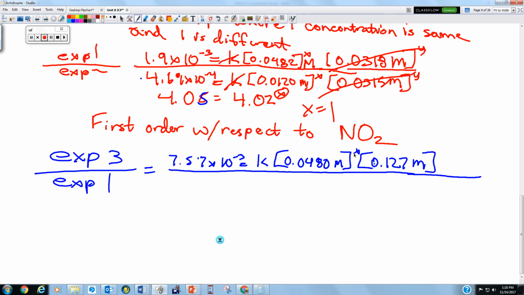And that's to the X, that's to the Y. Now, technically, instead of putting X there, I can put 1 instead, because we know that's 1 already. That's just really up to you. And then on the bottom, it is 1.90 times 10 to the negative third equals K times 0.0482 molar to the 1.